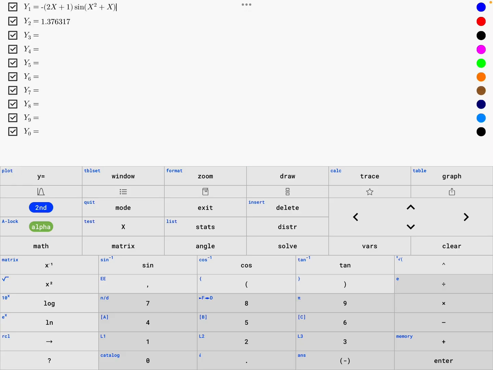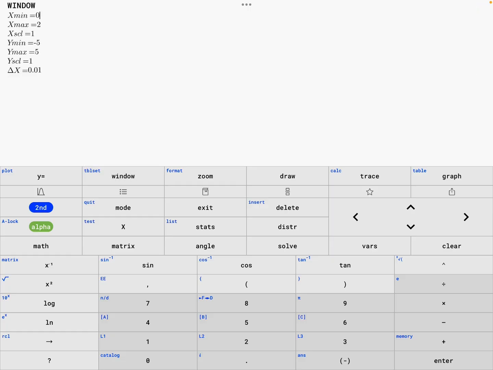So back here, we're graphing the square root of x, and then we're going to do sine of 3 root x. And for my window, we're going to do from 0 to 6 pi.